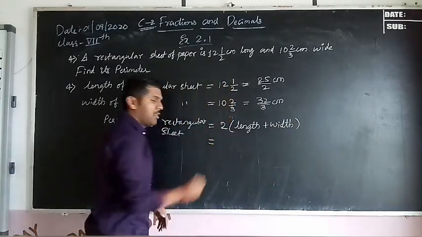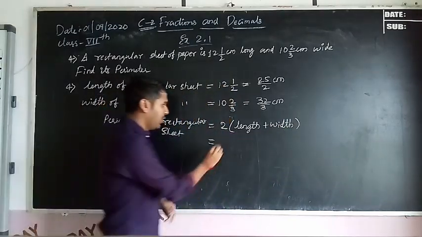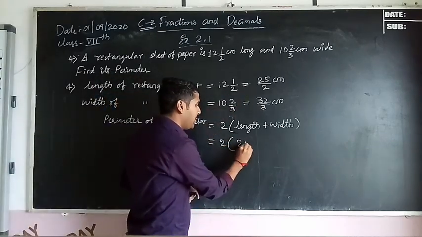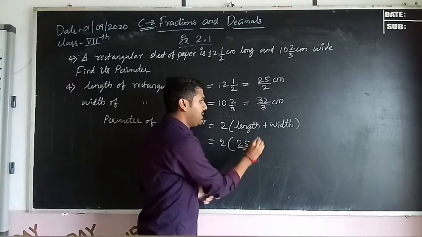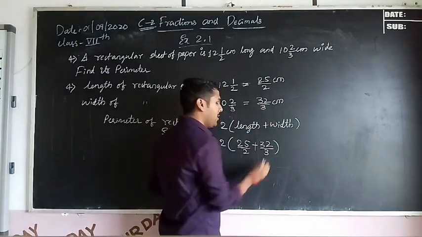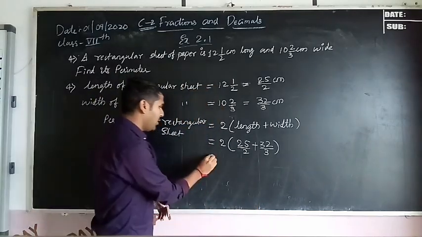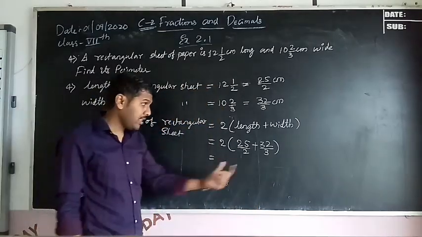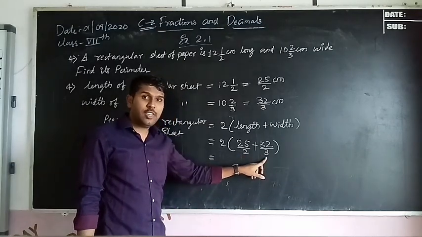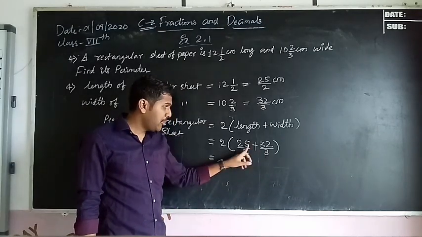Okay. So put the values. 2 into bracket, what is the length? 25 by 2 plus width is 32 by 3. So now solve this one. Addition of fractions. So here the denominators are different now, so directly you can multiply. Why?